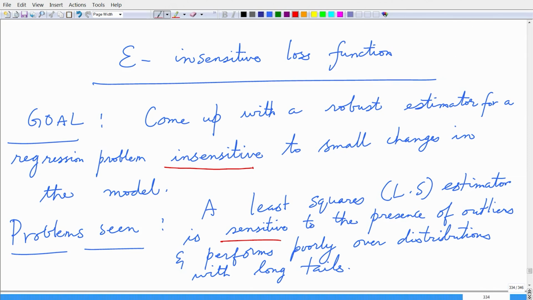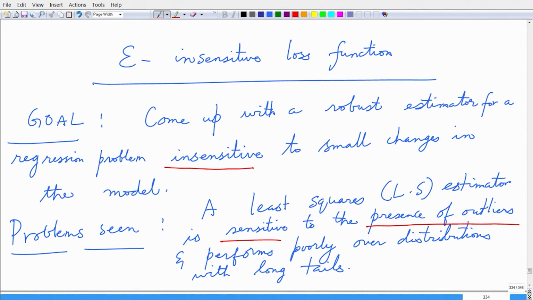Now, what are the general problems that we see with other forms of estimators such as a least squares estimate? The least squares estimator is sensitive to the presence of outliers. This is very important. It is sensitive to the presence of outliers and performs poorly over distributions that have long tails.